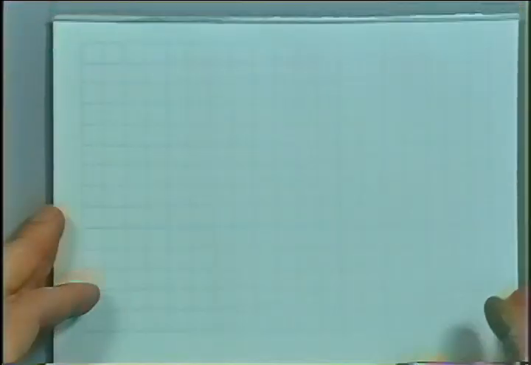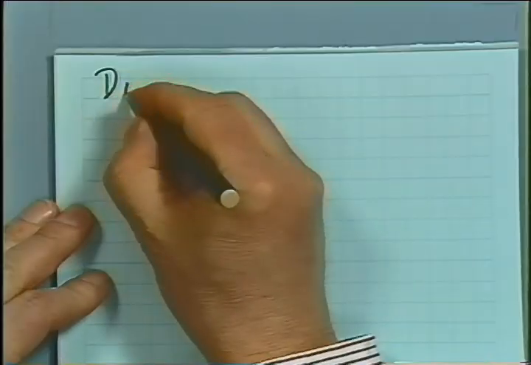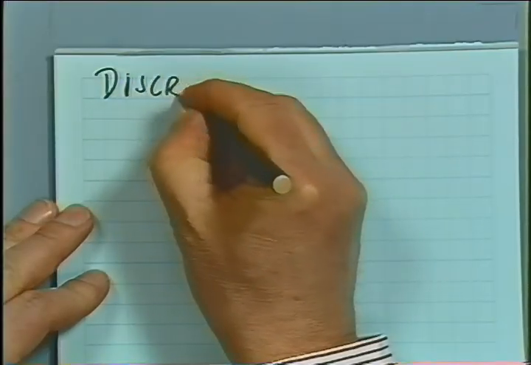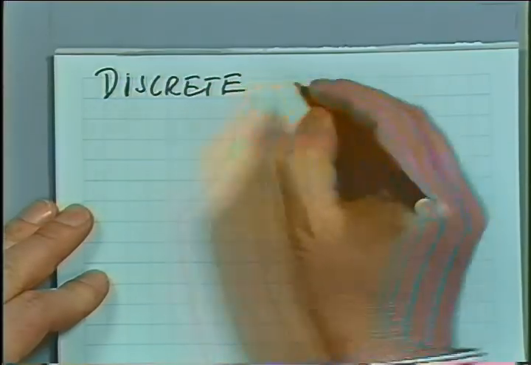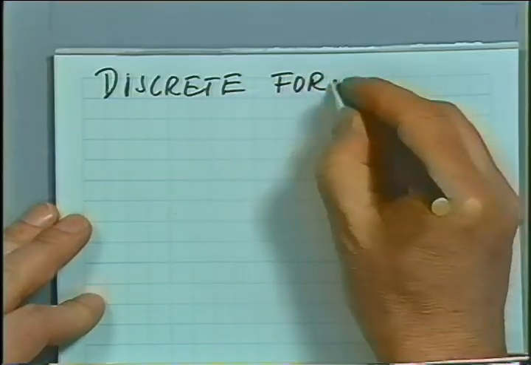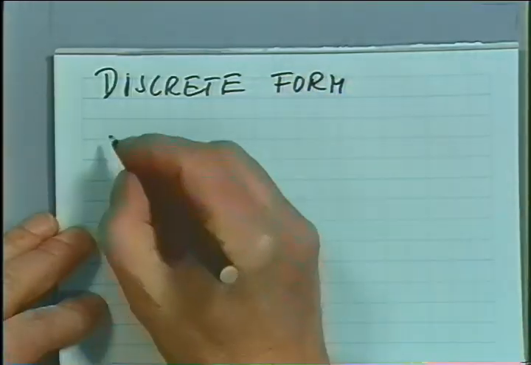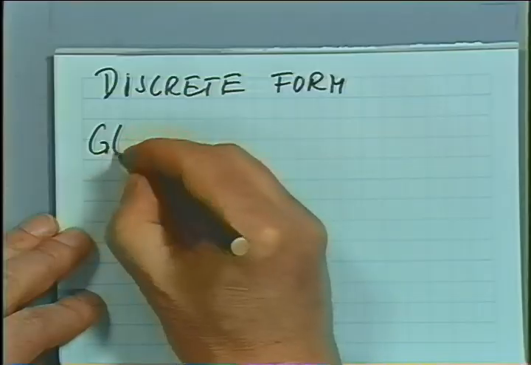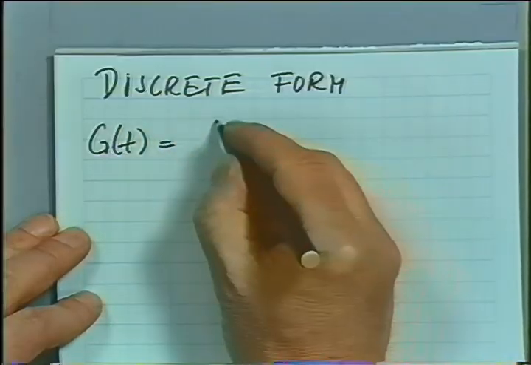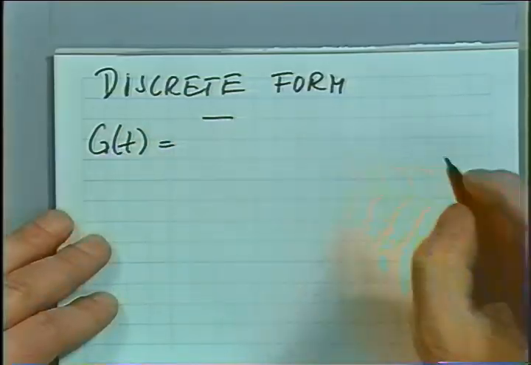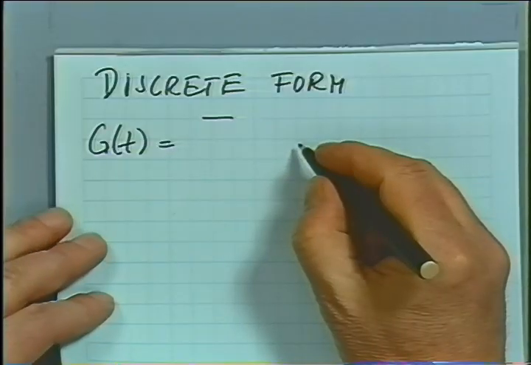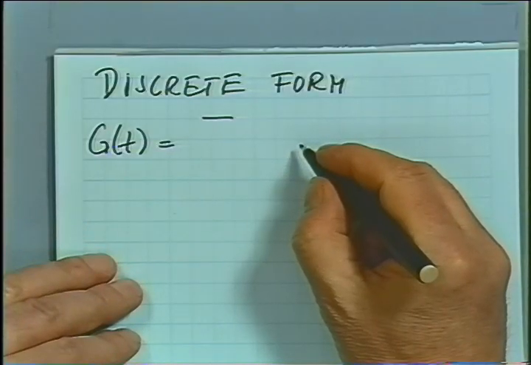The discrete form of the relaxation spectrum is given by the relaxation modulus, G of t. And this is given as a sum of relaxation modes.